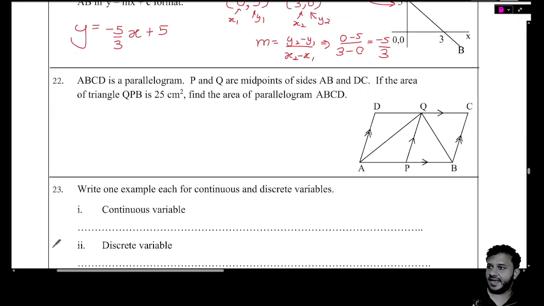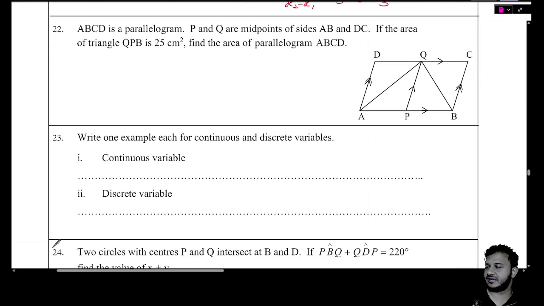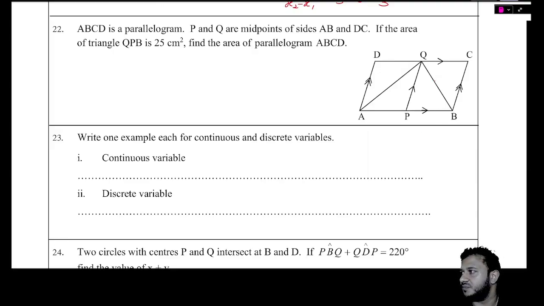Next one. ABCD is a parallelogram. P, Q, R are midpoints of sides. P and Q are midpoints of sides AB and this one. So this length and this length are the same.